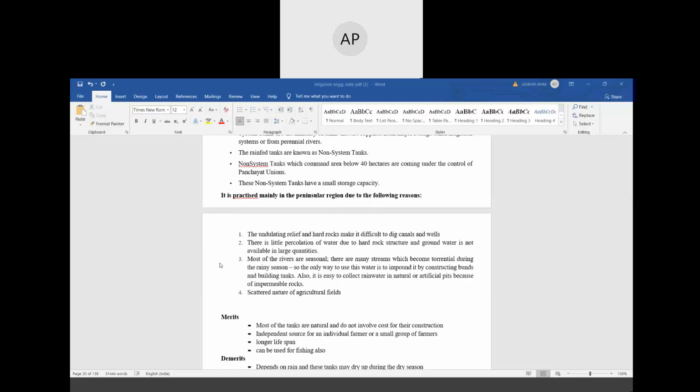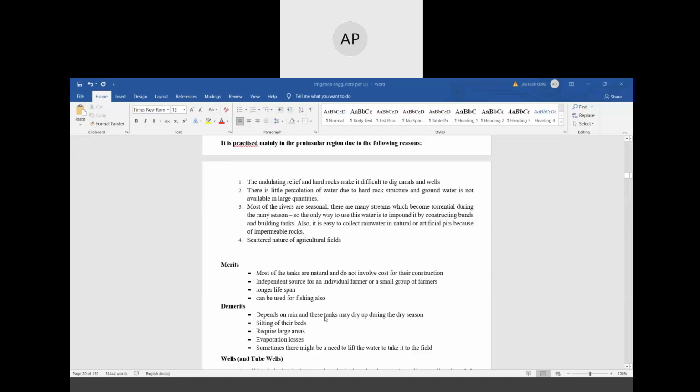That means there are many streams which become torrential during the rainy season. Also, one way is to use the water by impounding it, constructing bunds or building tanks. Also, it is easy to collect rainwater in natural and artificial pits because of impermeable rocks and the scattered nature of agricultural fields.